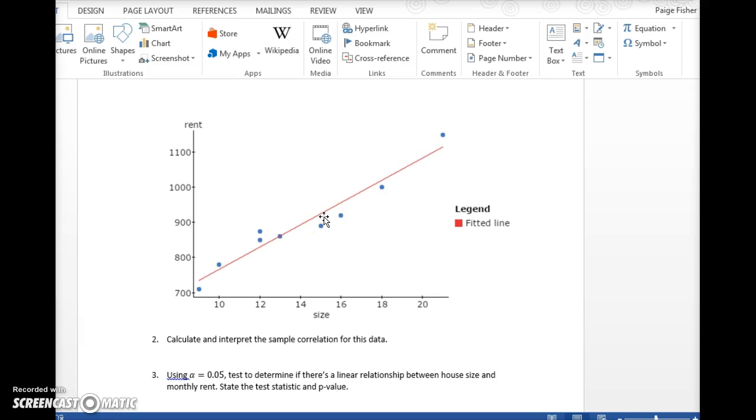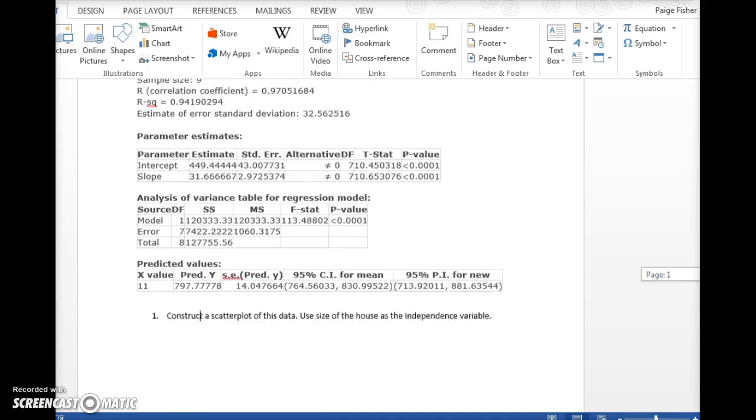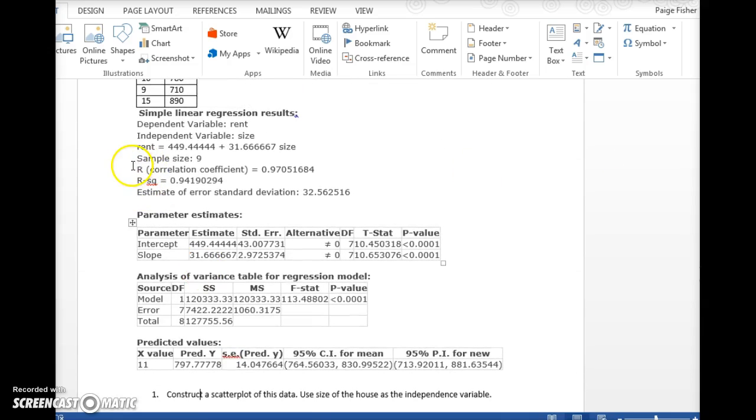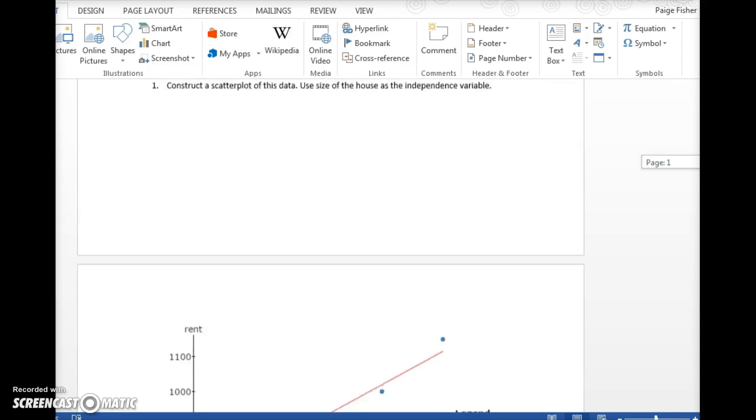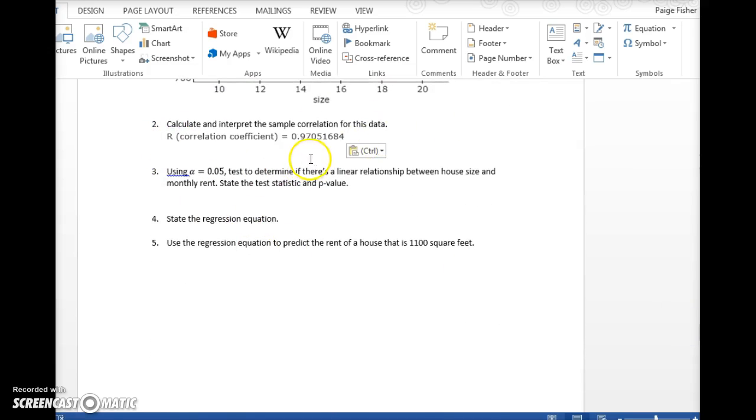But for part 2, it asked to calculate and interpret the sample correlation. So let's go back up to the output, and we're going to copy the correlation coefficient. It even tells you. So correlation coefficient, we copy that, and we just paste it. And don't forget to interpret this. This is a positive correlation since it's a positive number and not a negative number.